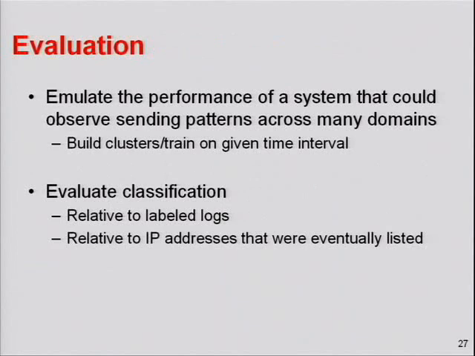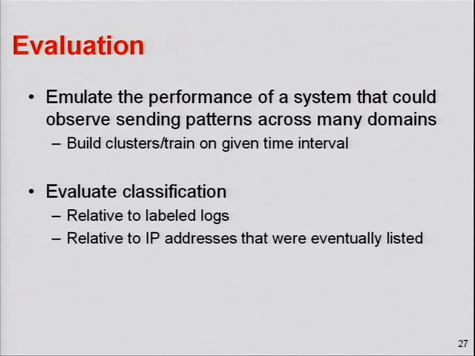So evaluation is actually tricky, because if we had perfectly labeled data on which to train and on which to test, then we would already have the perfect spam classifier, or I guess the other thing that would imply is lots and lots of humans at our disposal, which we don't have.